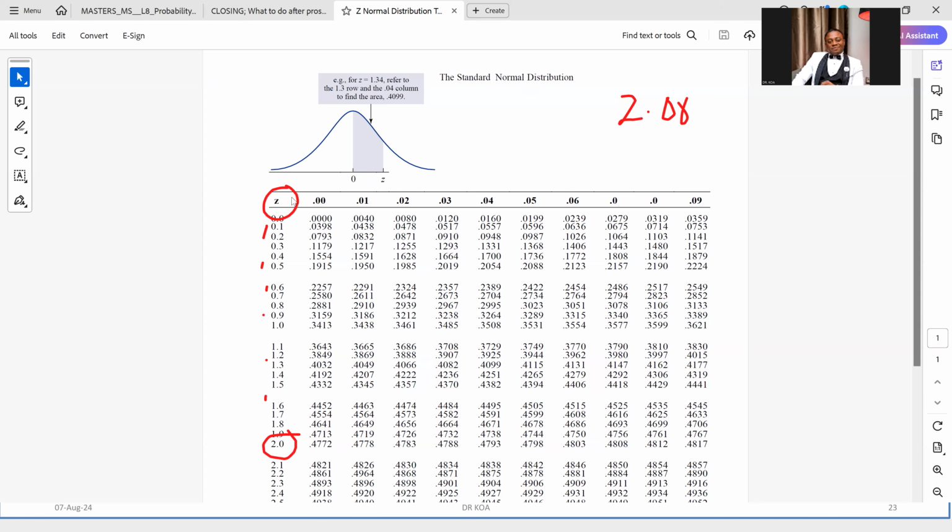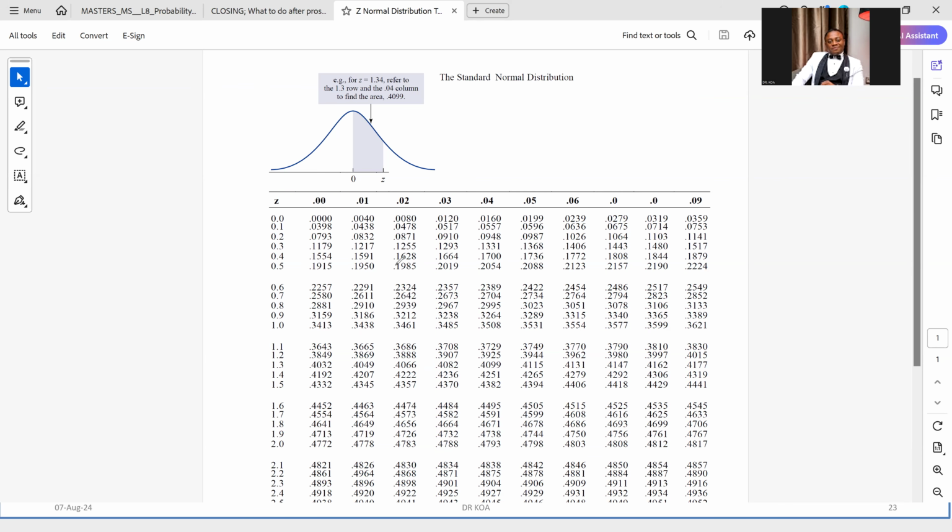Now, if it had been 2.03, I would have done 2.0 and then come and pick the 3 here. But this one was 2.00, so I'll come and pick the 00 here. And where the 2.00, where this vertical and this horizontal meet, you are coming down, and the one here is going rightward. Where they meet, that is the value of the probability.